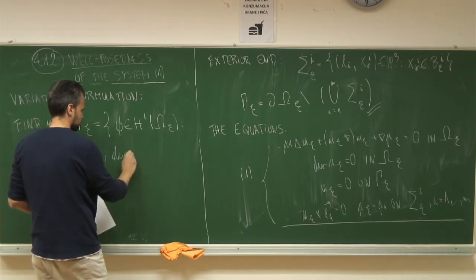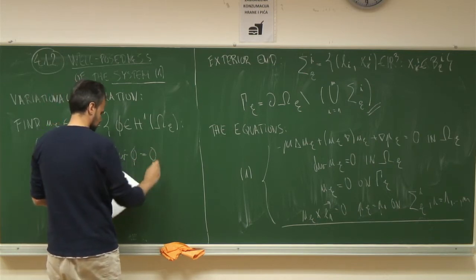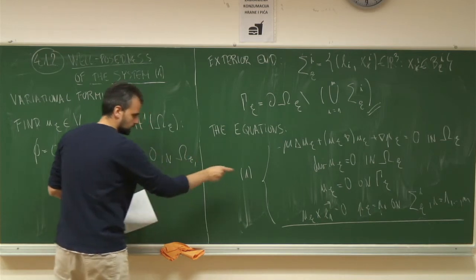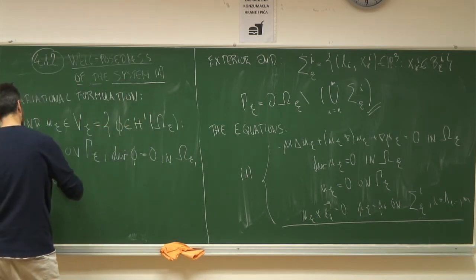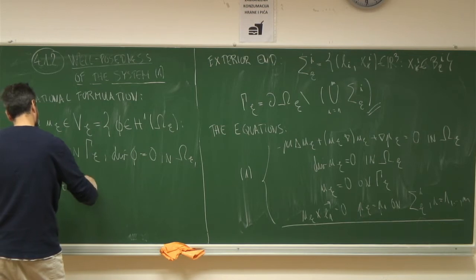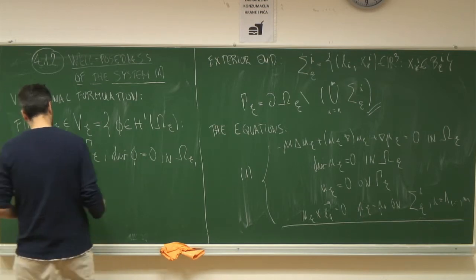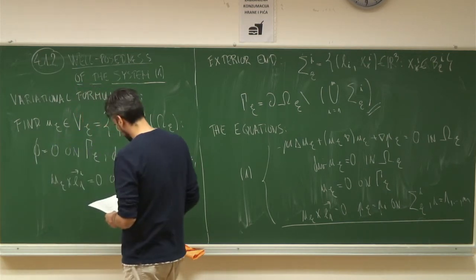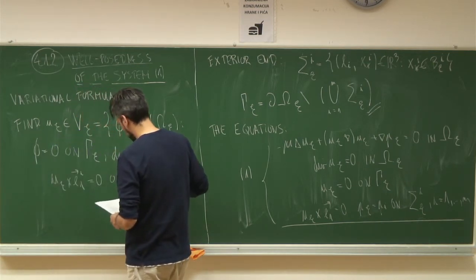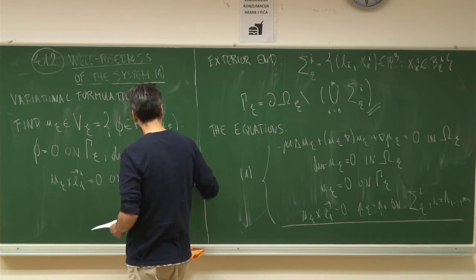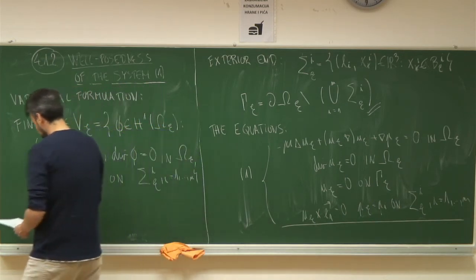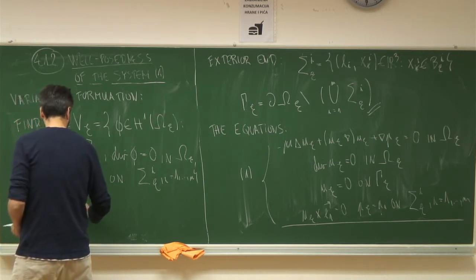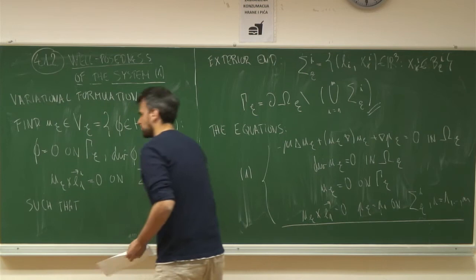The divergence is equal to 0 in omega epsilon, and you have this condition satisfied, so u epsilon times e1 i is 0 on sigma, so on the exterior ends. So find this such that the following holds.